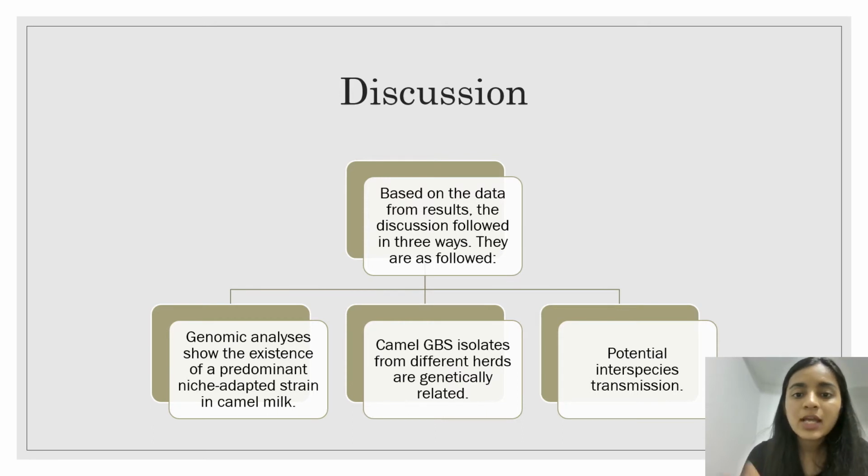Final discussion focuses on the three results. The genomic analysis showed the existence of a predominant niche adapted strain in camel milk. Then secondly, camel GBS isolates from different herds are genetically related, because it's coming from a single species of camels. That's why it's similar.